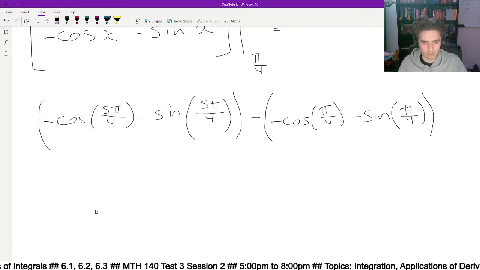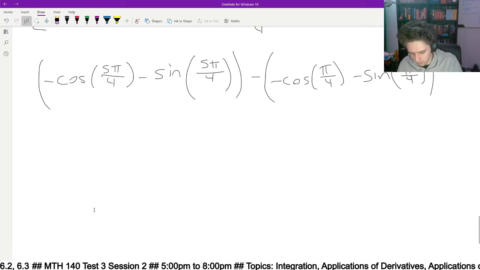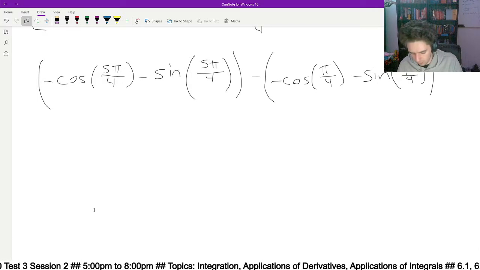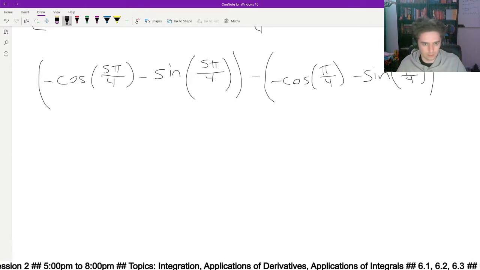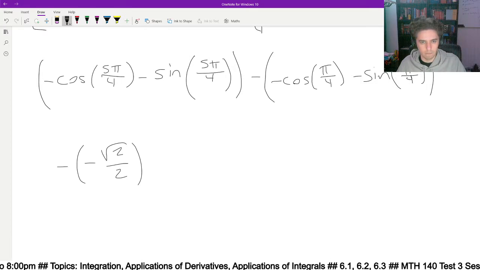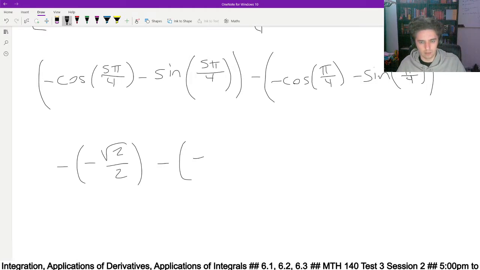I did a little bit of math in my head, but I think cos of 5 pi over 4 is negative root 2 over 2, right? And sine will be the same value, negative root 2 over 2.